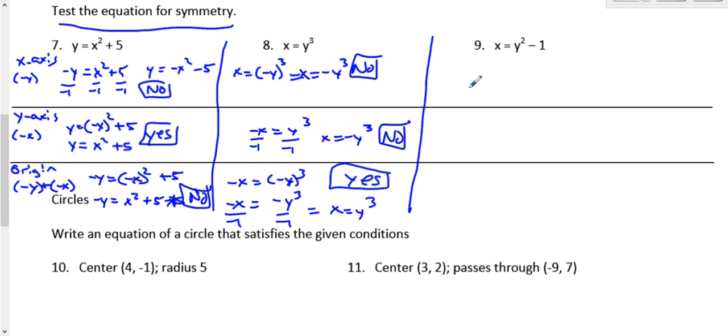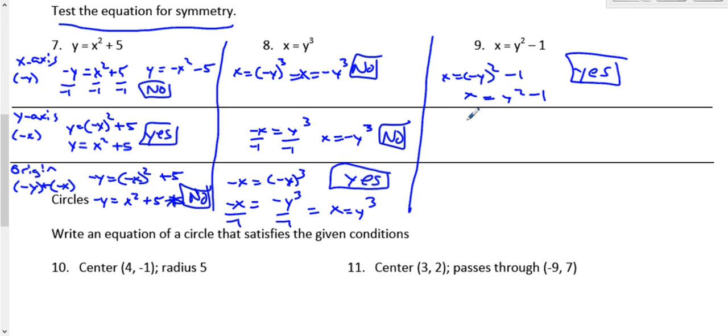Testing for number 9. For the x-axis, we're going to plug in negative y. So we get x equals negative y squared minus 1. A negative being squared is the same as a positive, so x equals positive y squared minus 1 is exactly what we started with. So we have symmetry with respect to the x-axis.